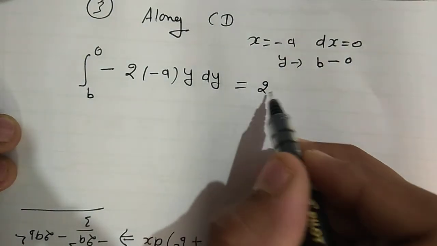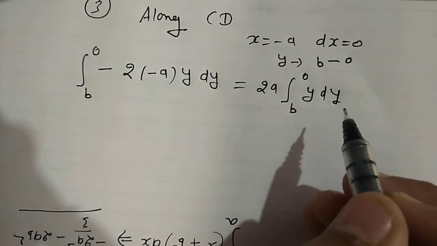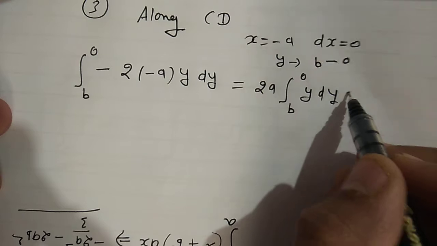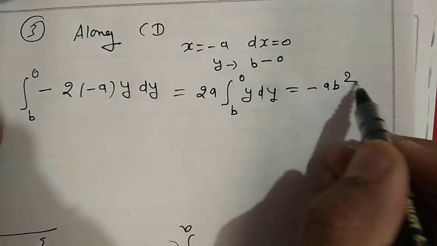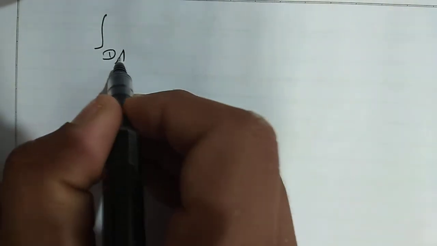So we get 2a, b to 0, y dy. If you solve this integral along the CD, we get minus ab square.